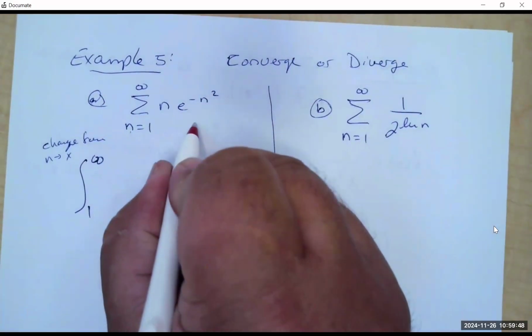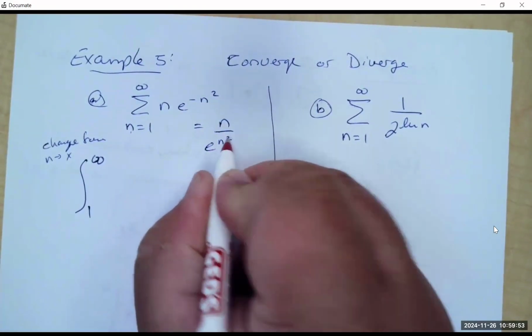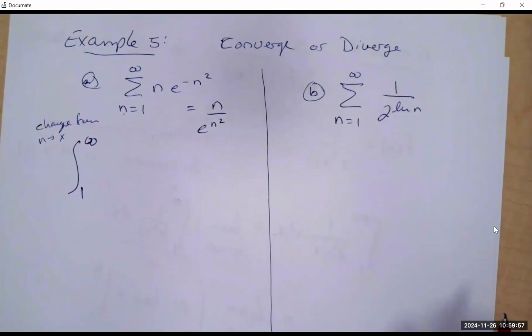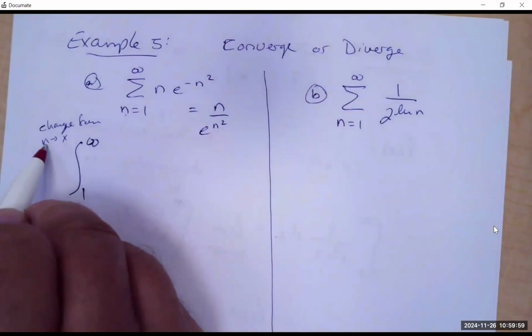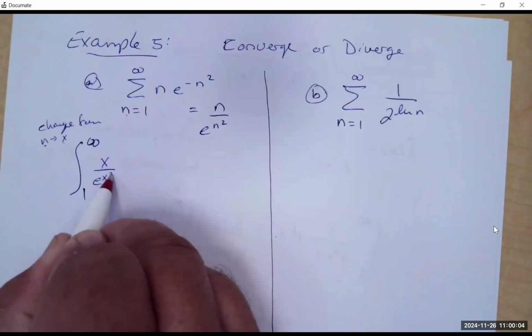Let's look at what this equation looks like. It looks like n e to the power of negative n squared. As we change from n to x, it becomes x e to the power of negative x squared dx.